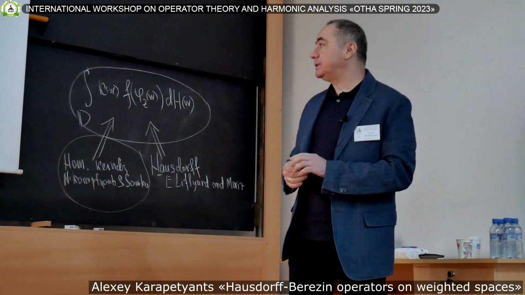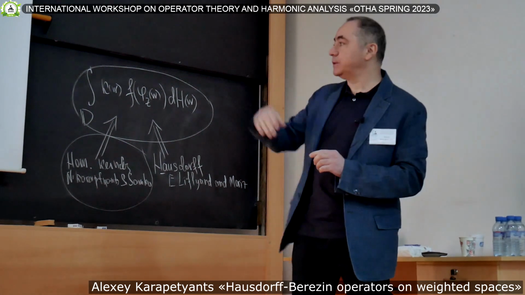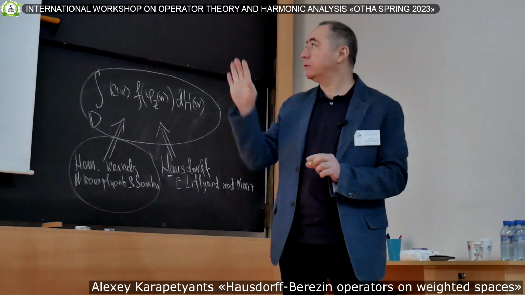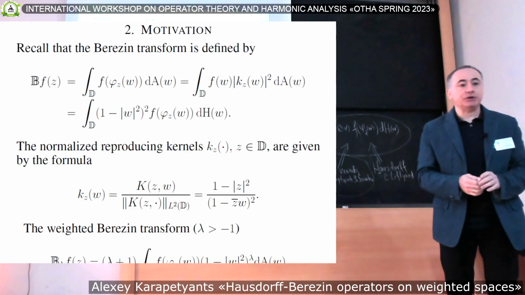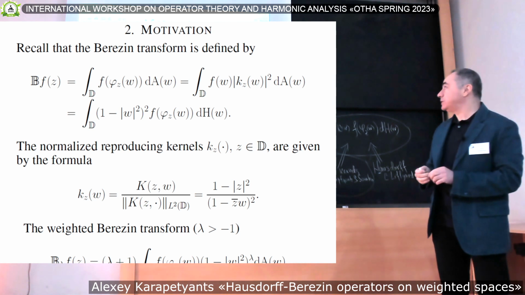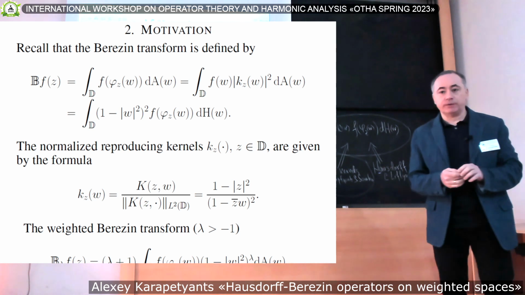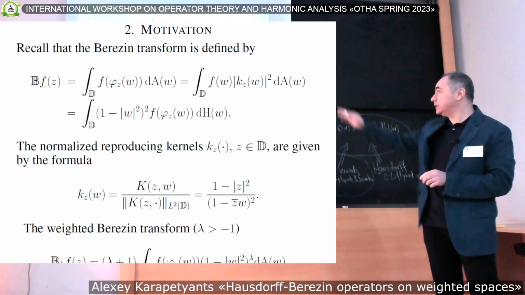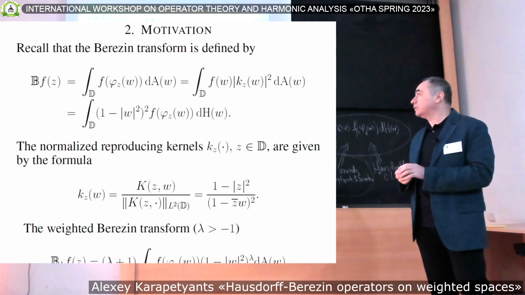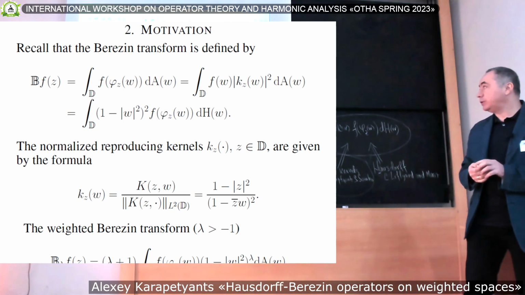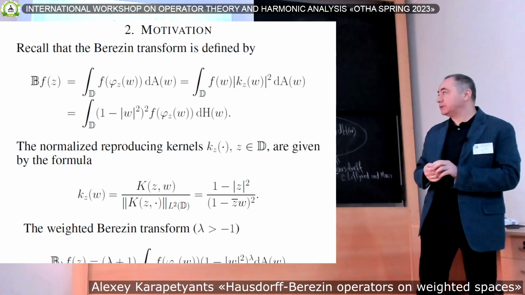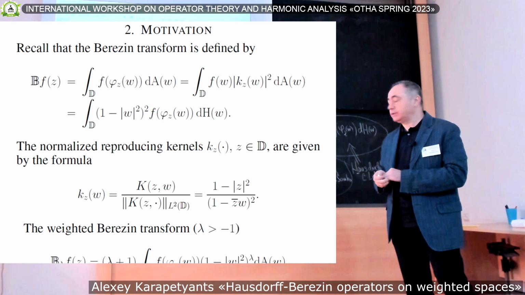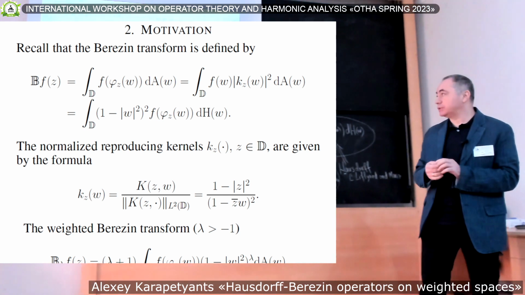Why is this operator of interest? Because this is nothing but a straight generalization of the well-known Berezin transform. The Berezin transform plays a very nice role in complex analysis, similar to the Poisson transform, but with the exception that instead of integration over the boundary, we integrate over the unit disk. It is applied to problems of compactness or boundedness of operators, with many important features connected to this transform.